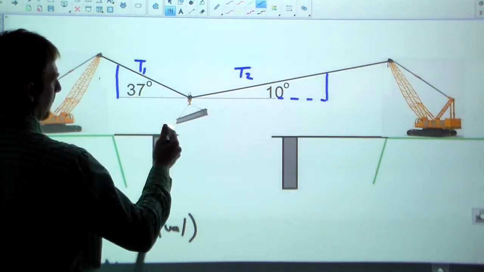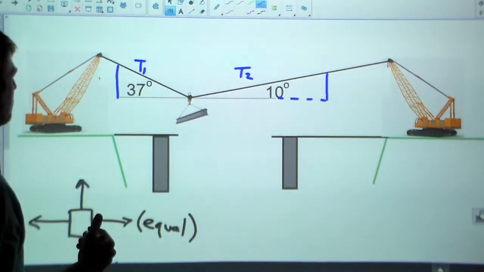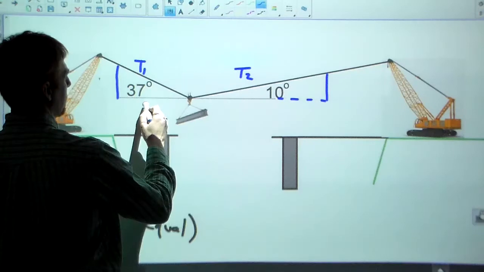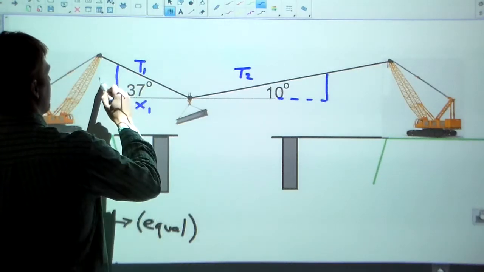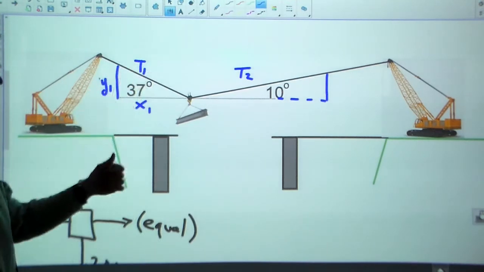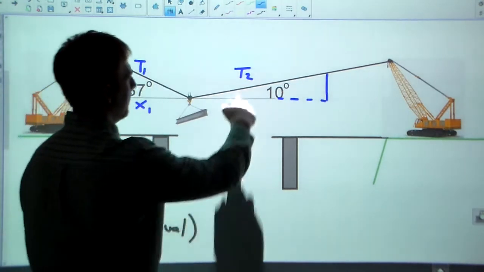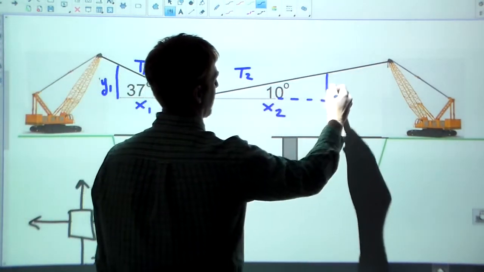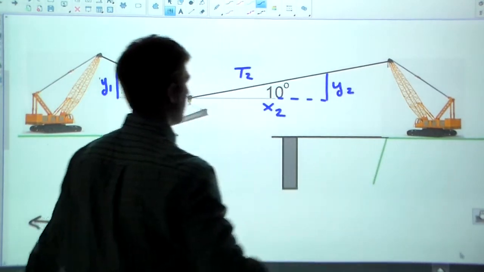I'm going to do components just like I did with the baseball. So this will be my x1, this will be my y1, just to make it simple. X direction for the first tension, y direction. I'm calling this tension 2, I'm going to call this x2, y2, just to keep it simple.